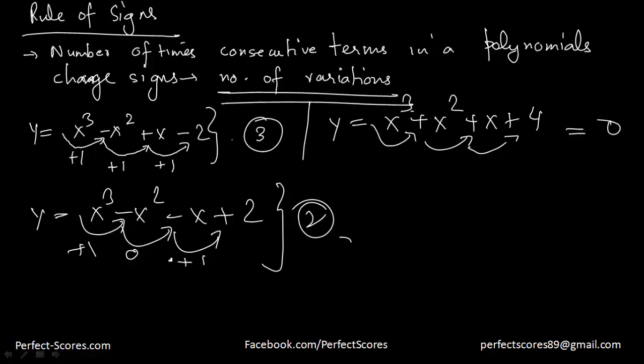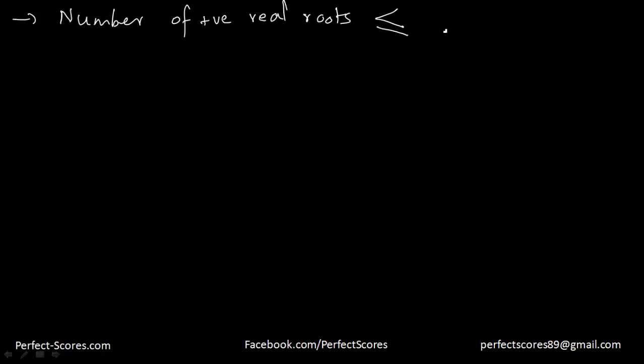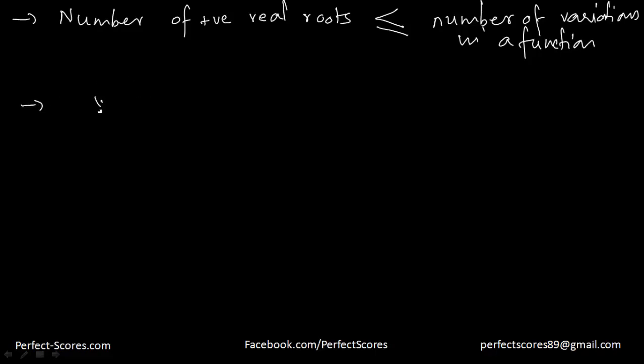Now what does this have to do with the rule of signs? Well, the rule of signs says that the number of positive real roots is always less than or equal to the number of variations in a function. So let's say, for example, I have a function y is equal to x squared minus 5x plus 6.